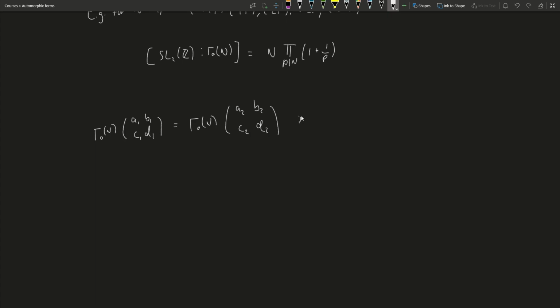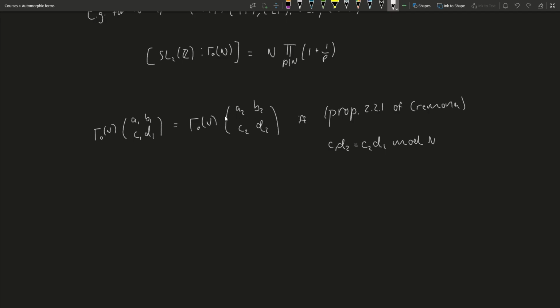And this is true if and only if, and this is Proposition 2.2.1 of Cremona's book, c1 d2 equals c2 d1 mod N. Of course, this is with these being elements of SL2Z, right?